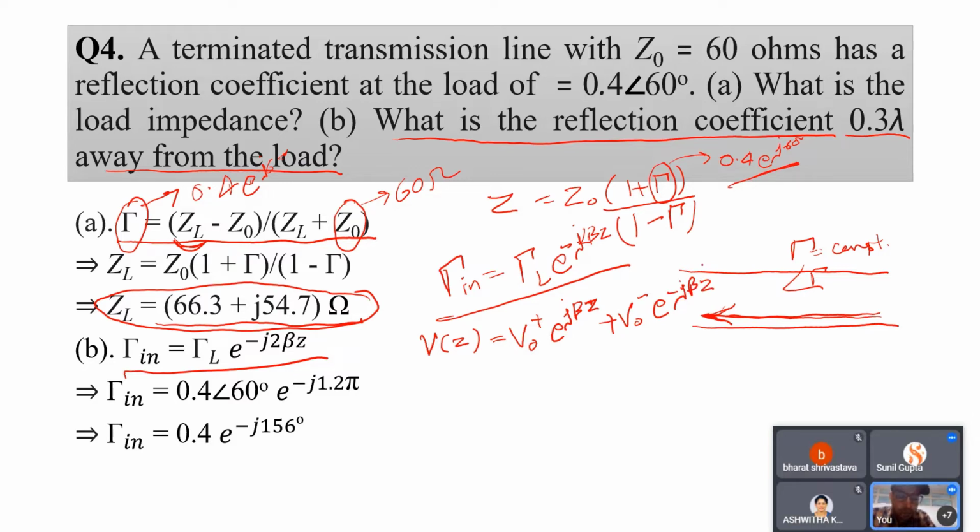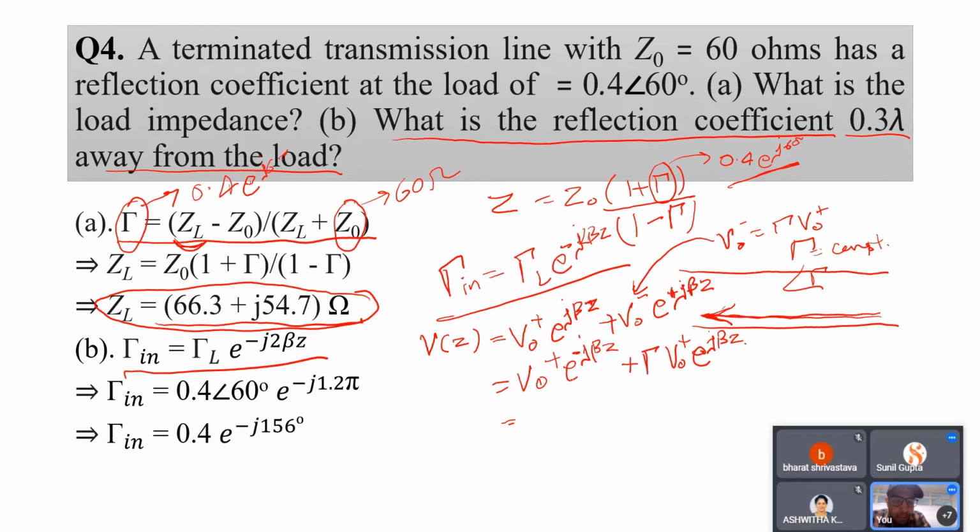Okay, as you know, V naught minus is defined as gamma times V naught plus, so just put this value here. So you will get V naught plus e raised to the power minus j beta z plus gamma times V naught plus e raised to the power j beta z.